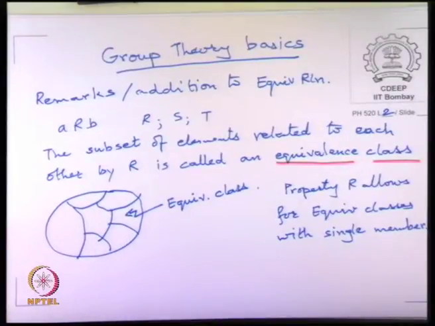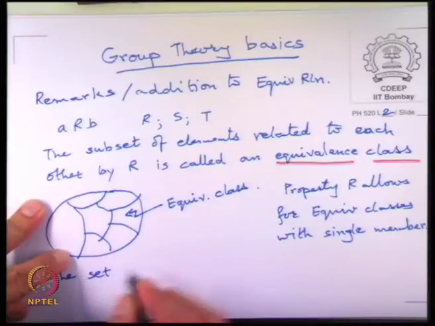So, the class essentially, if you pick any one element from it, represents all the others as far as that equivalence relation is concerned. In that case, this set is called a coset space. So, this is a set of sets.